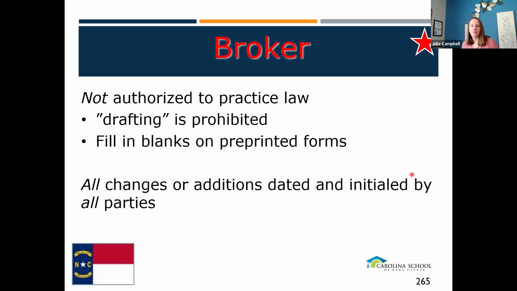As their agent, as their broker, when our buyers or sellers pick up their red pen and say, we're going to fix this, we need to advise them to talk to an attorney. We need to highly advise them to talk to an attorney because they don't know. It's like the domino effect. If I change this one thing, how's it going to affect the rest of the contract? I don't know. I'm not an attorney. I can't answer that. So the parties to the contract can add, edit, delete, but we need to advise them not to.